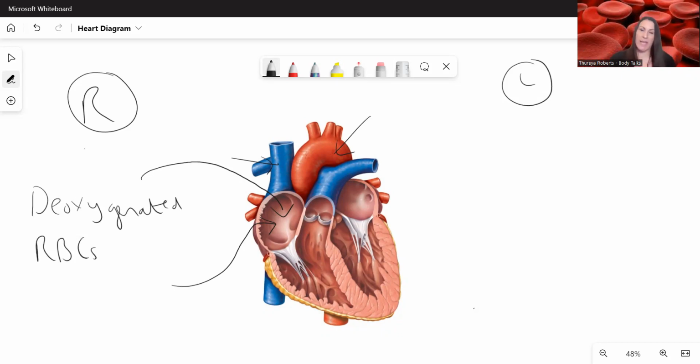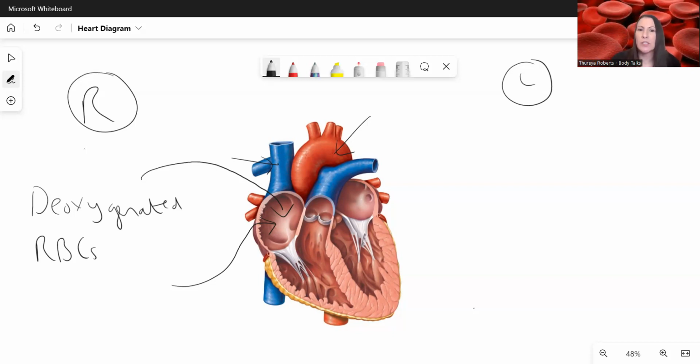So then, naturally, because of the way that the AV valve is positioned, about 2/3 of the blood will naturally run through into the right ventricle. And then for that last bit of blood to be pushed through into the ventricle, the atria contracts down the way, and the blood is pushed into the right ventricle, and the AV valve or tricuspid valve will snap shut.